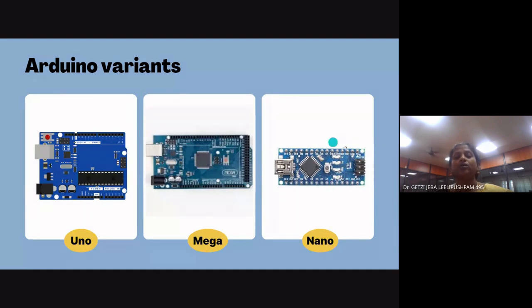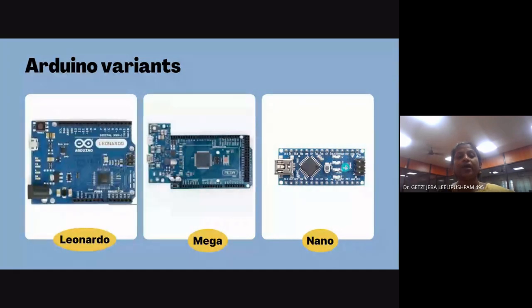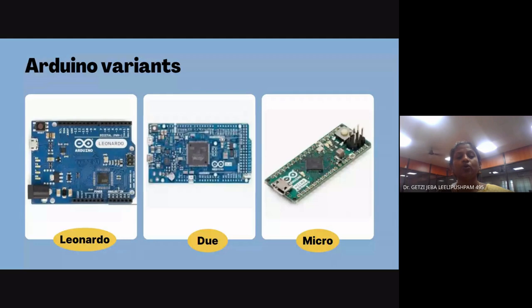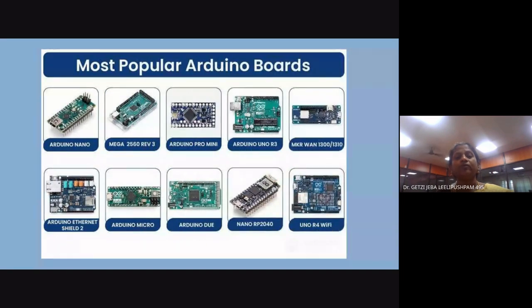If it's a very small project, you want a miniaturization of your prototype, and very few sensors are connected, then you go for a Nano. There is also a Leonardo board, which is similar to the Arduino Uno. And then you have the Due. Then you have the Micro, which is a version in between the Uno and the Nano. These are the popular Arduino boards.